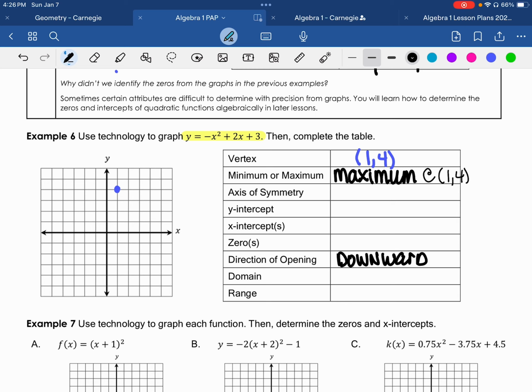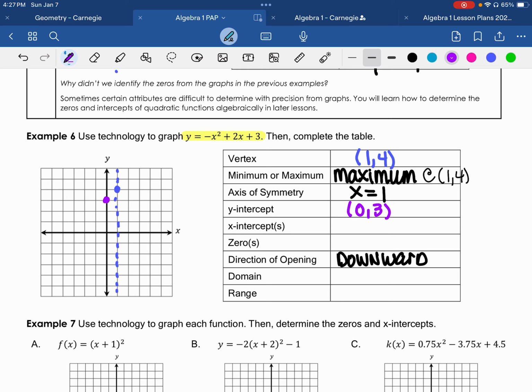Our axis of symmetry will, remember, go right through that point right here, and it would be at x equals 1. Remember, I'm getting that number from the x value of my vertex. The y-intercept, we saw, was at 0, 3. 1, 2, 3.